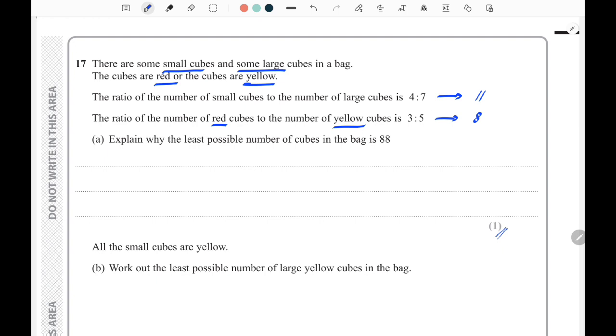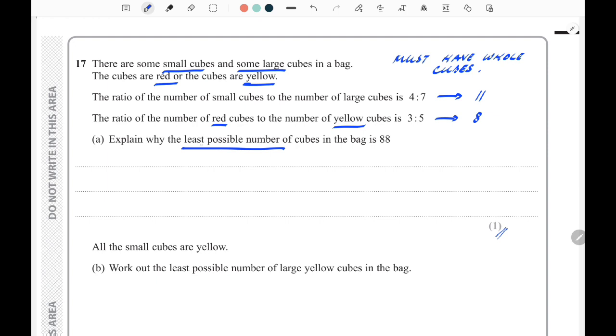So that means whatever the total number of cubes is can be divided by 11. In other words, it can be divided into whole numbers, 11 and 8, because you must have whole cubes. You can't have half a cube or fractions of a cube. So therefore, if a number can be divided both by 11 and 8, it means that if we want the least possible, that means the lowest common multiple of 11 and 8.